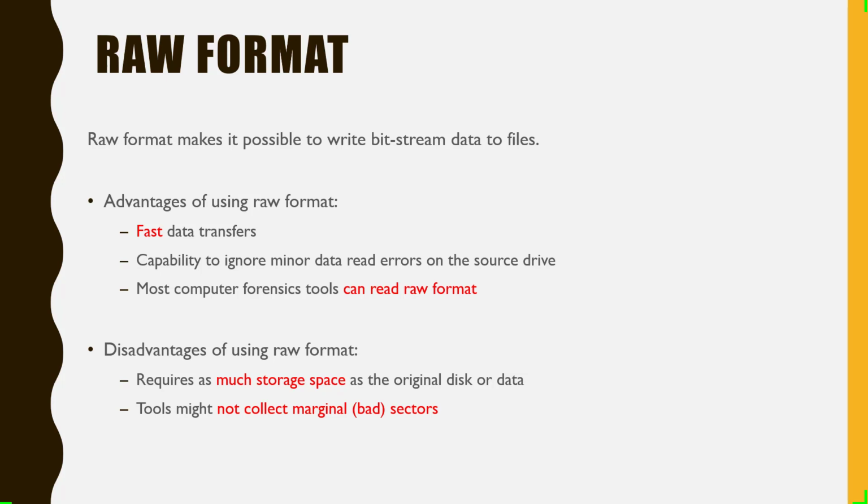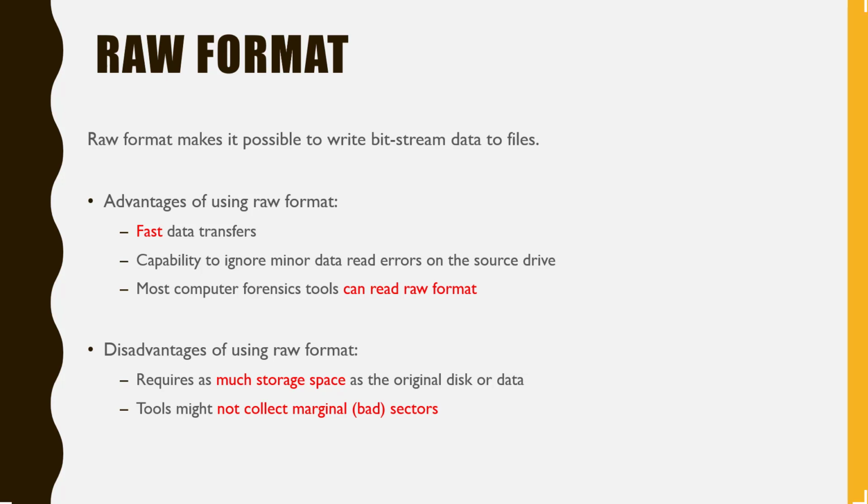One disadvantage of the raw format is that it requires as much storage space as the original disk or dataset. Another disadvantage is that some raw format tools, typically freeware versions, might not collect marginal or bad sectors on the source drive, meaning they have a low threshold of retry rates on which media spots on a drive. Many commercial tools have a much higher threshold of retry rates to ensure that all data is collected.